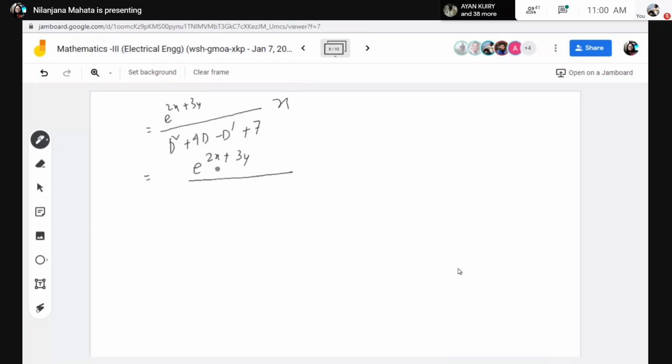So I have to make the constant term 1. So it is 1 minus D' plus 4D plus D square, operated on x.